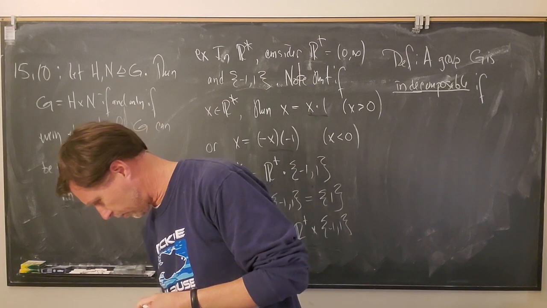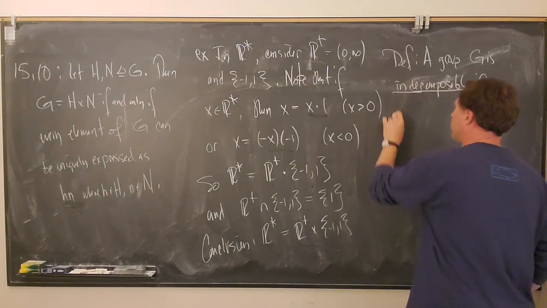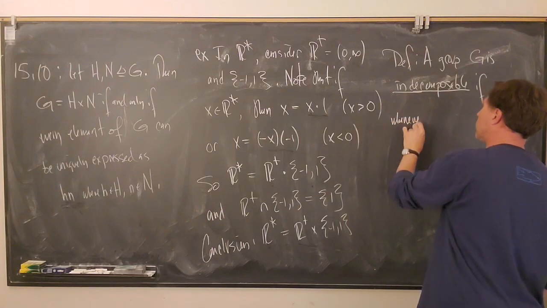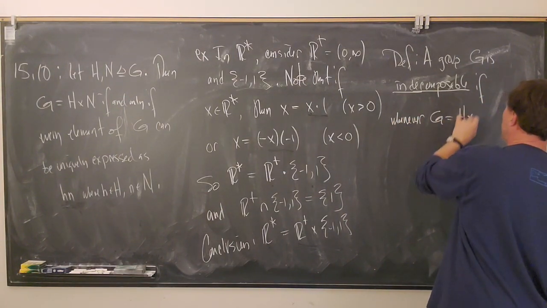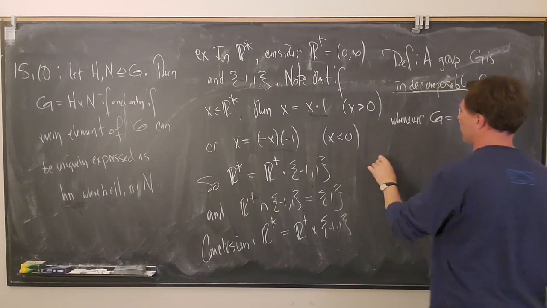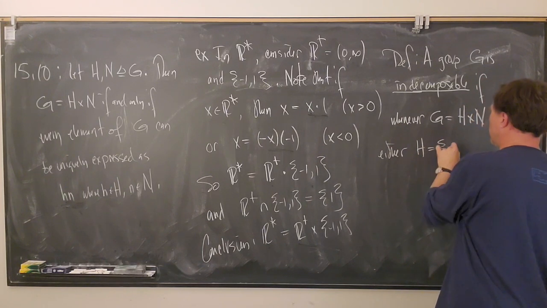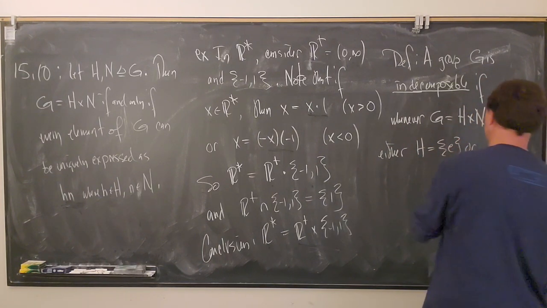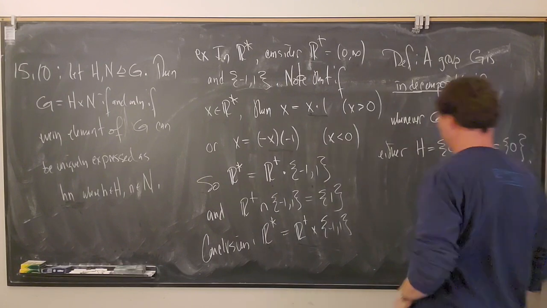So, if whenever G is equal to H cross N, either H is trivial or N is trivial.